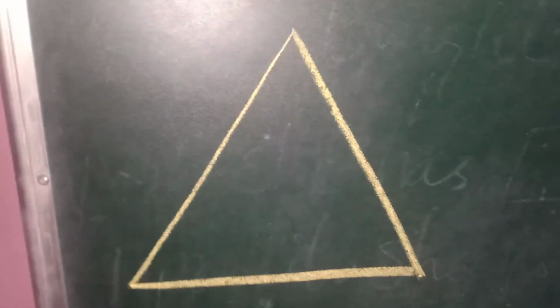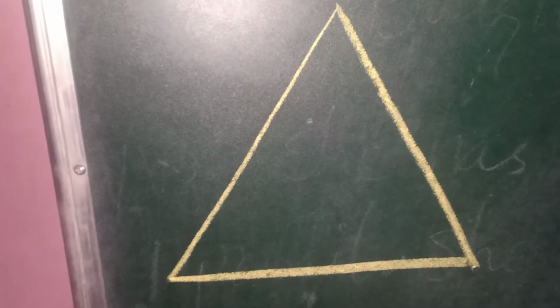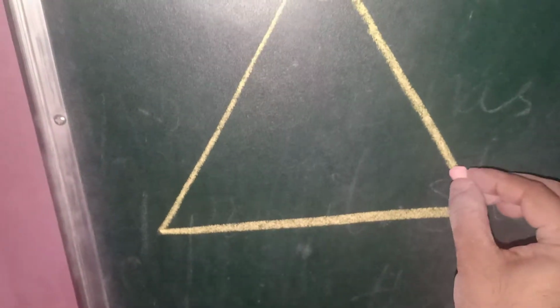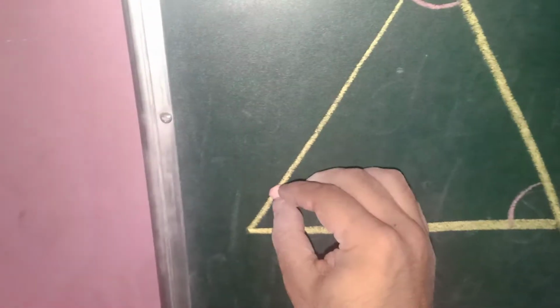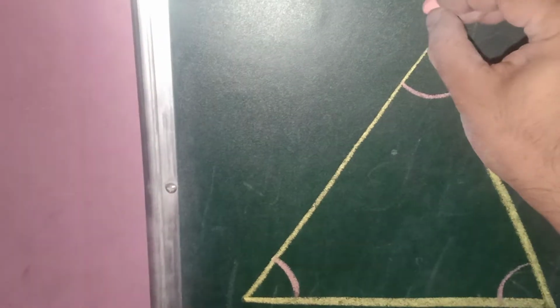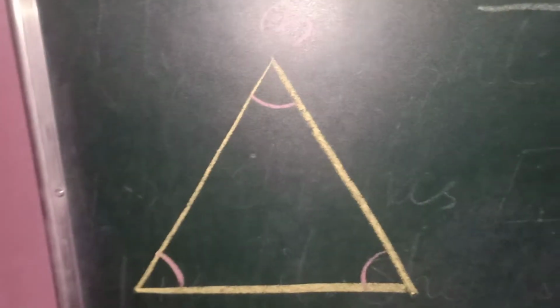If we consider this triangle, how many corners do we have? We have three corners. This one is your first corner, this one is your second, and this one is your third corner. So we have three corners, and what are called sides?